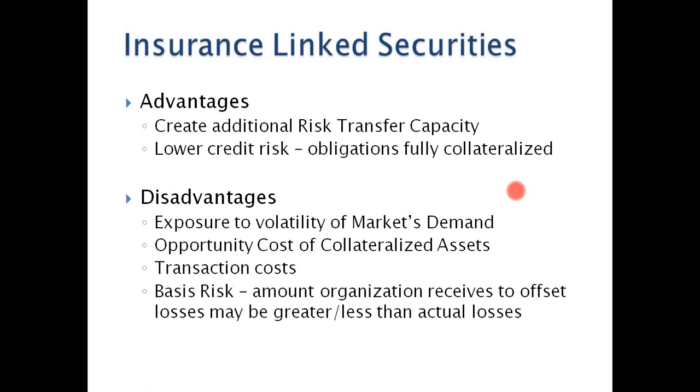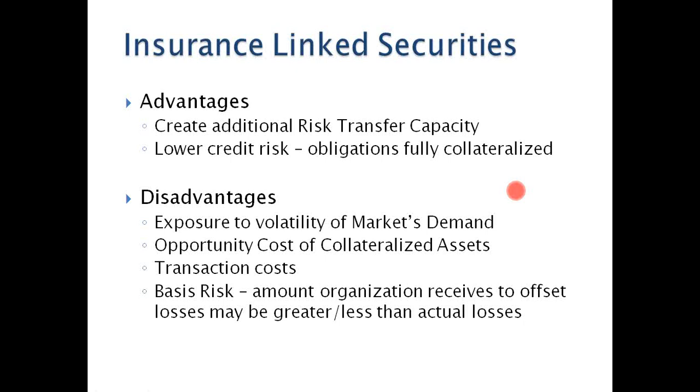Disadvantages: exposure to volatility of market demand. As we've kind of seen, the market can go up or down, and you need to make sure there is a market first. There's also the opportunity cost of collateralized assets. If you're putting some type of collateral up as part of this insurance-linked derivative, that may earn more money doing something else.